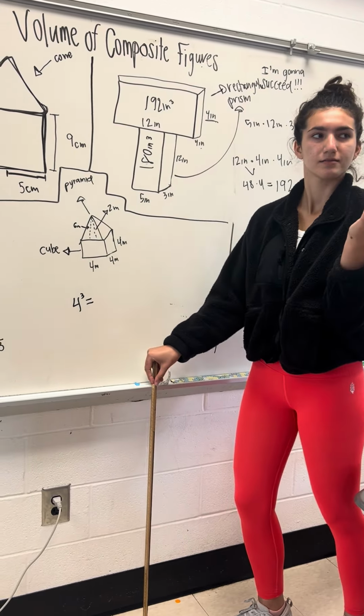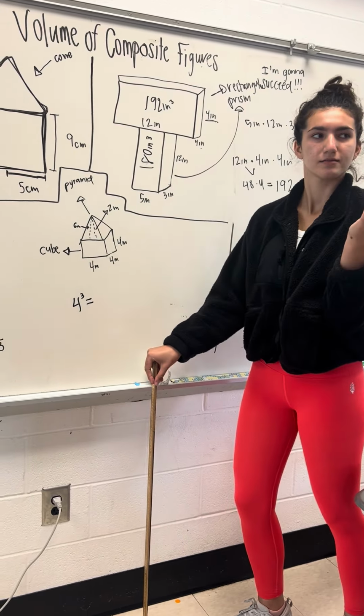Now, since we know that our pyramid has the base of a square, we know that its base right here is equal to 4 times 4, or 4 squared, which equals 16. And then we divide it by 3.